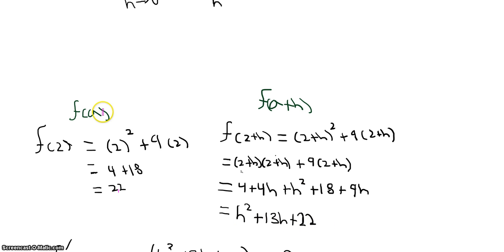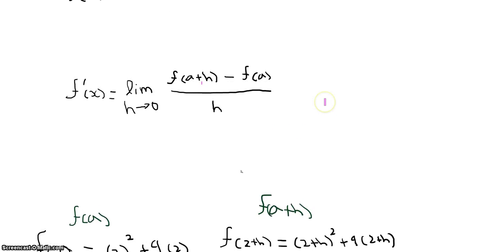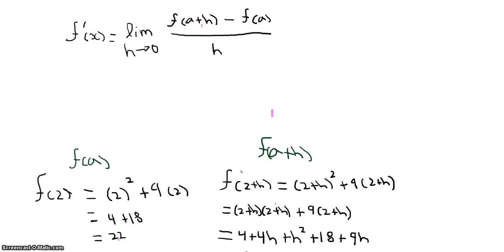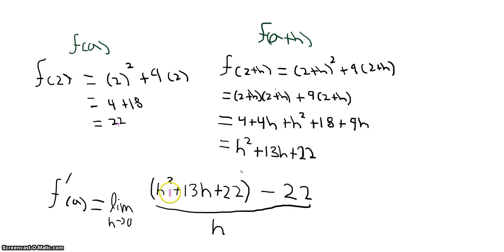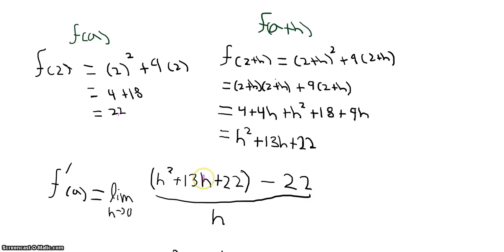So now that we have f of a and f of a plus h, you can put them together in the equation, and you get f of a plus h minus f of a. So h squared plus 13h plus 22 minus 22, and you put it all over h, and you're still finding the limit as h approaches 0.